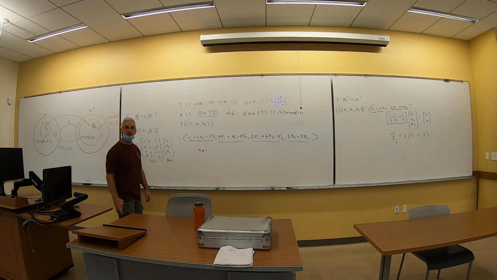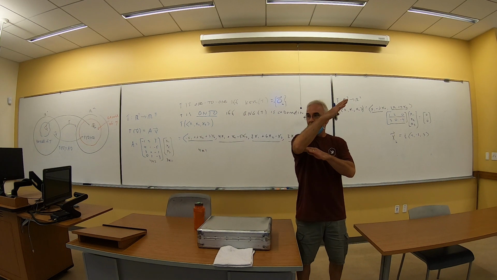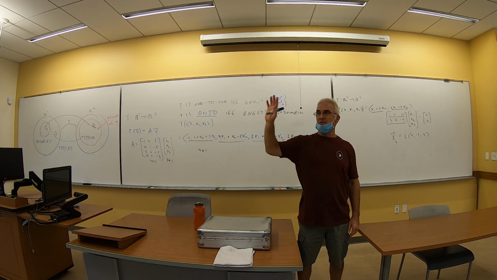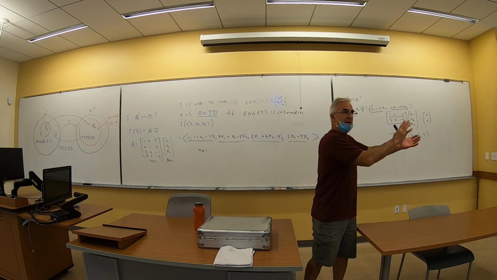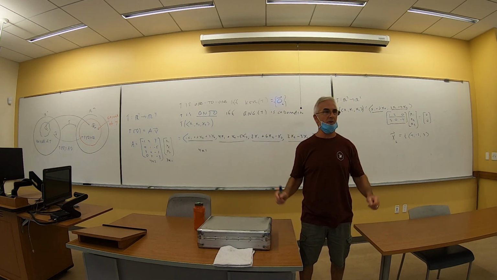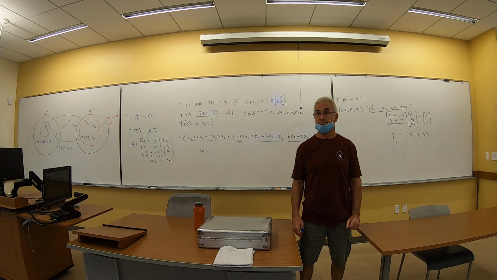If the range is the entire codomain, now let's go back to baby algebra. Just simple lines, m is not 0. Any simple line, I'm using the entire domain, I'm generating the entire codomain, and it's clearly a 1-to-1 function. Do you all agree with that? So the equation of a line would be 1-to-1 and onto. Okay?